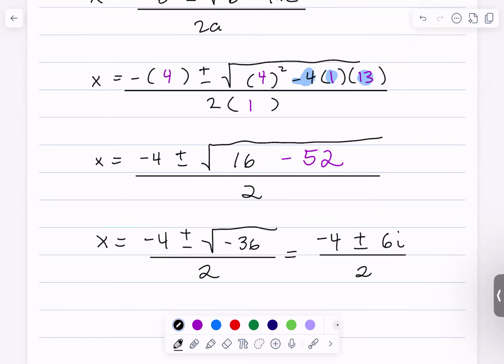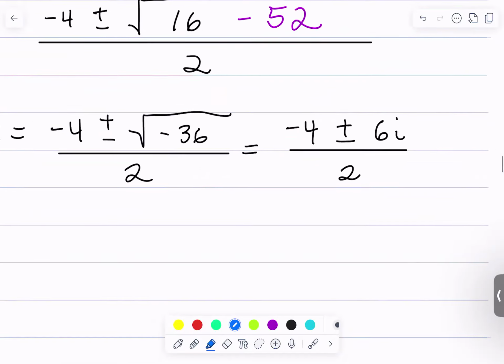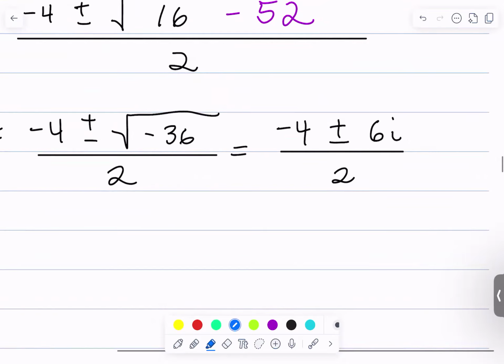Divided by 2. And when we are simplifying -4 plus or minus 6i divided by 2, remember we have to look at this number, the -4, the 6, along with the 2. Okay, we're going to have to look at all three numbers and find the GCF, the greatest common factor, or a factor.